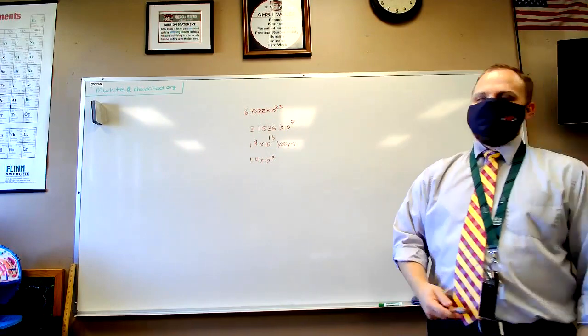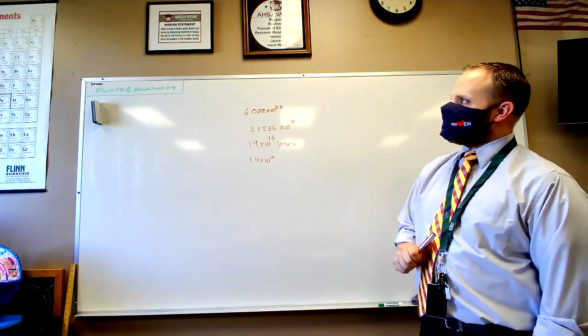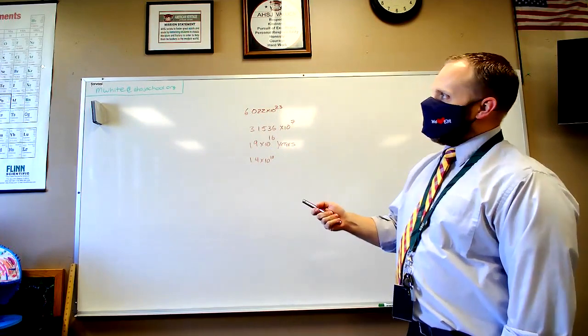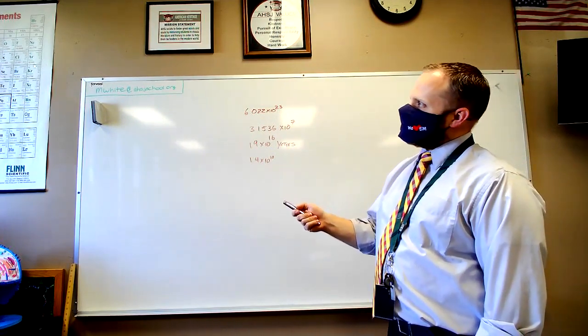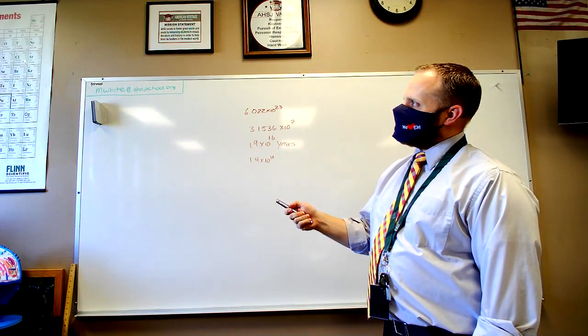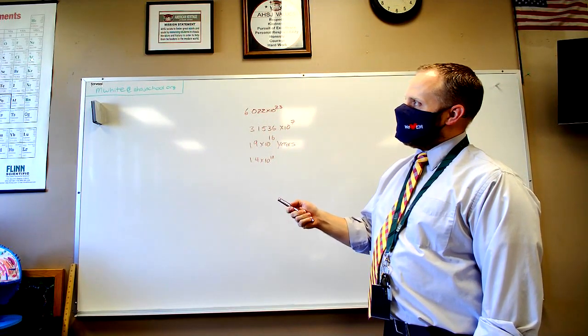And this is where we get to use our periodic table again. For example, let's just look at argon right here. Remember when we said that we had this average atomic mass right there, 39.948?